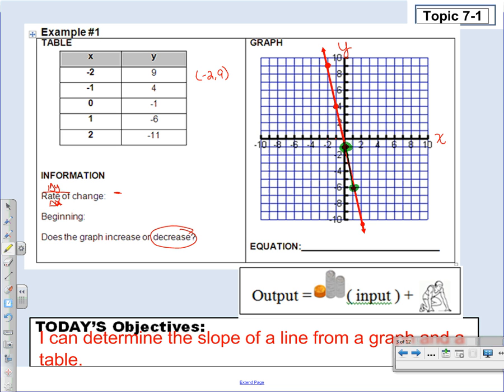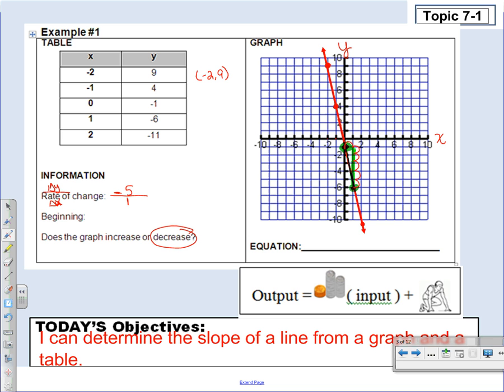I need to figure out how far I go up and down in order to reach the next point. I'm going to count how far I go up. That's 1, 2, 3, 4, 5. I had to change by 5 in the y direction. In the x direction, I had to change by 1. So my rate of change is negative 5 over 1.